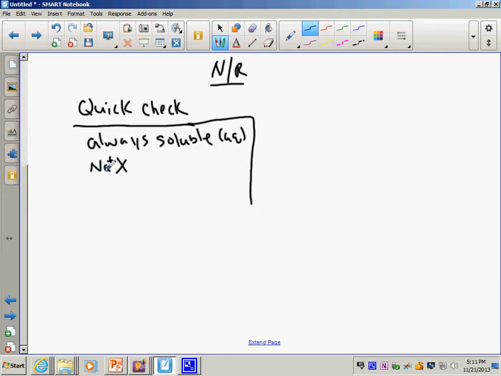If you have sodium as a cation, this thing is going to be always aqueous. Potassium ions and the anion, doesn't matter. This thing will be aqueous. And ammonium, NH4+. Again, always aqueous. Very soluble compounds. And the last one actually is an anion, and that is nitrate.